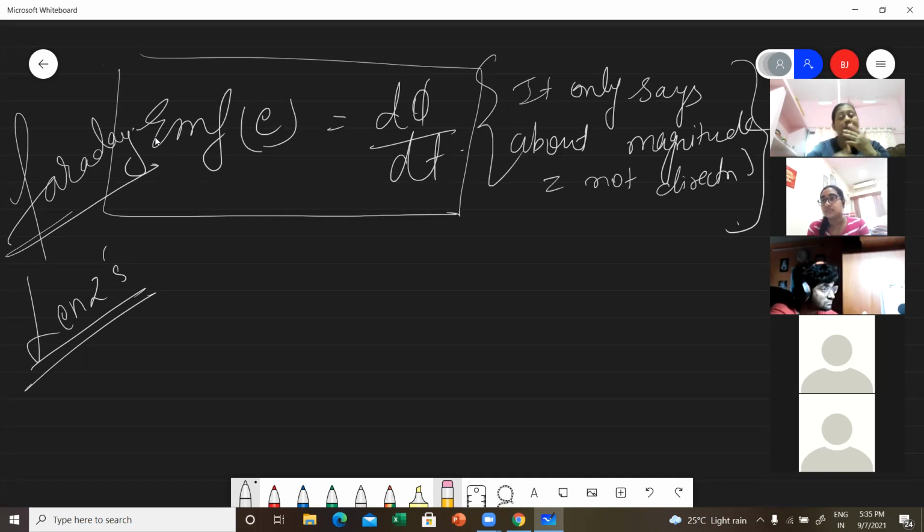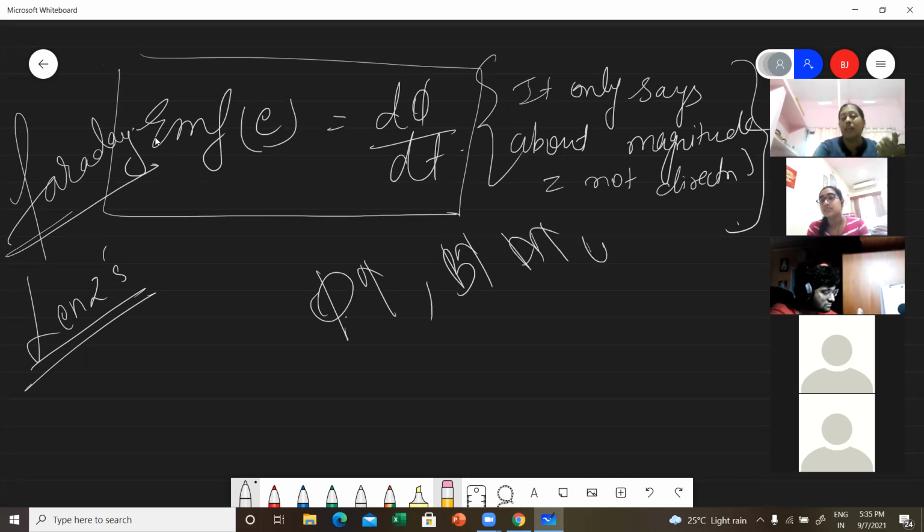Lenz says just reverse the condition by which the current is generating. Who is responsible for the generation of the current? That is the flux. If flux increases, or the magnetic field increases, or the area increases, or the cos theta value is changing, these are the things which help in the production of current.